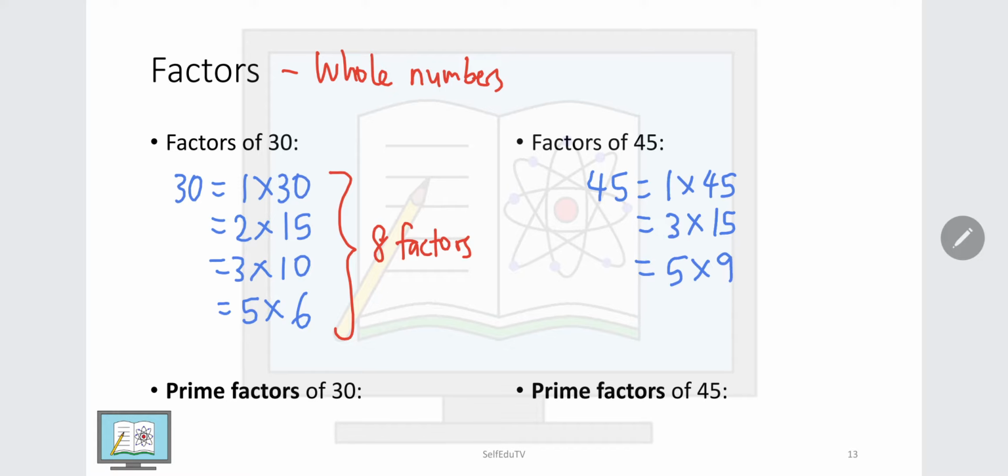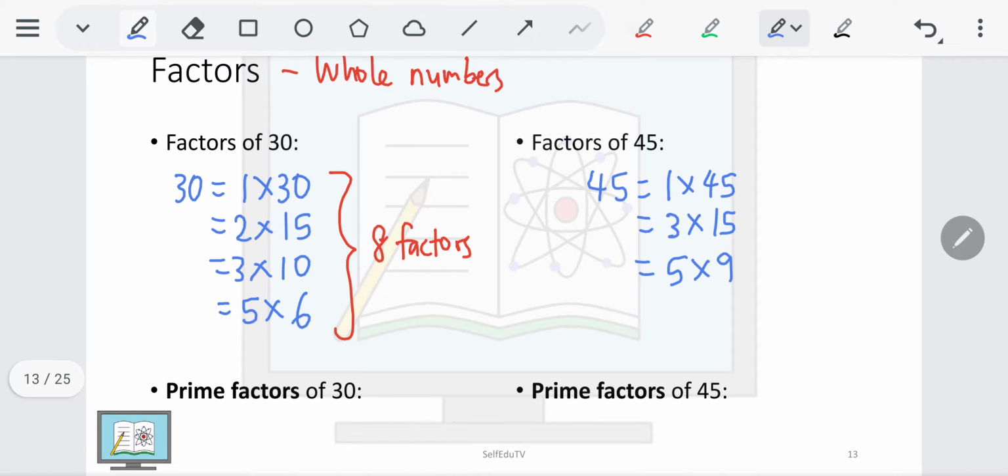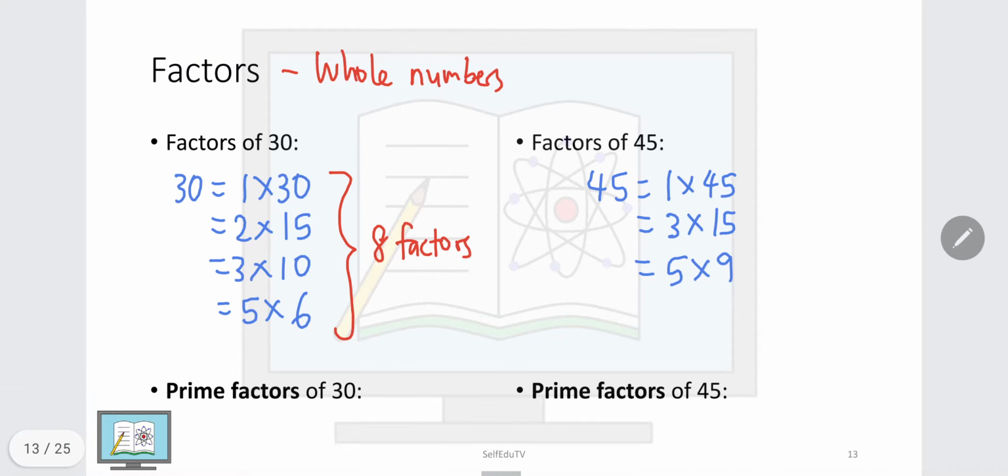Okay, that's all. So there are 6 factors of 45 in total.